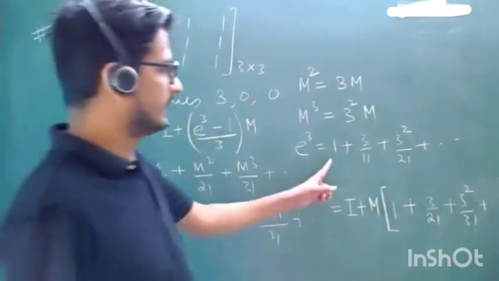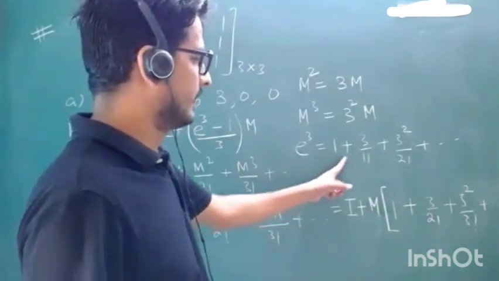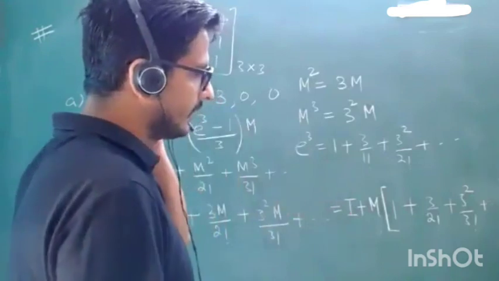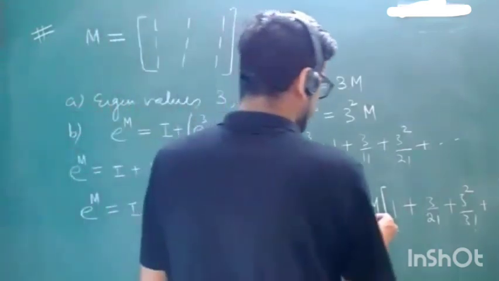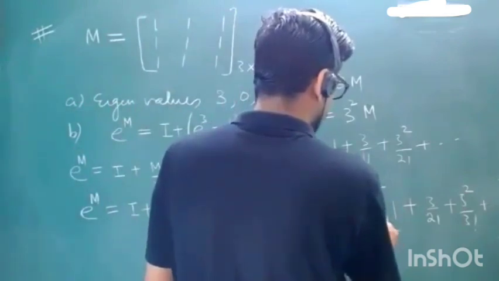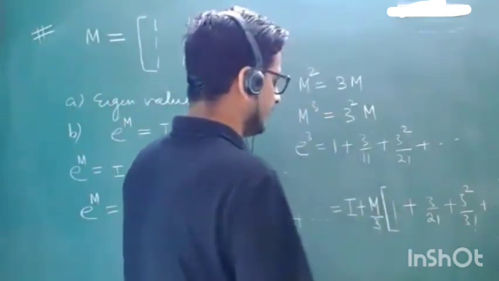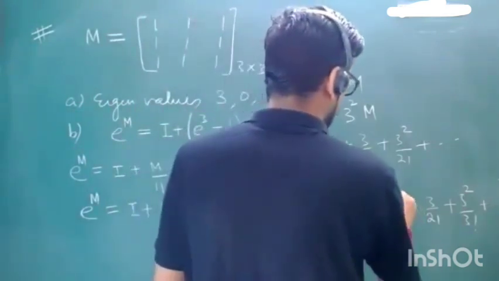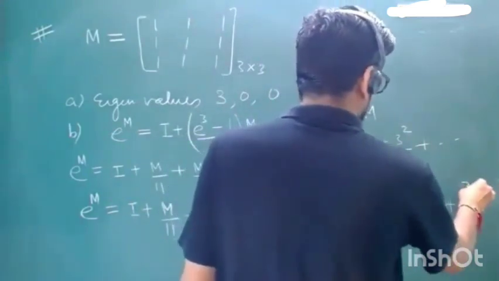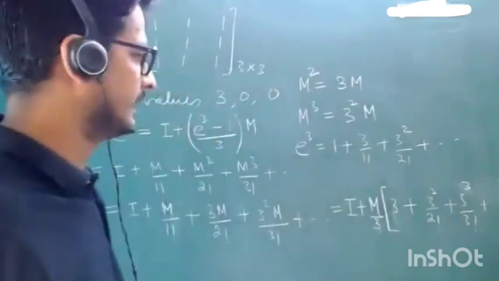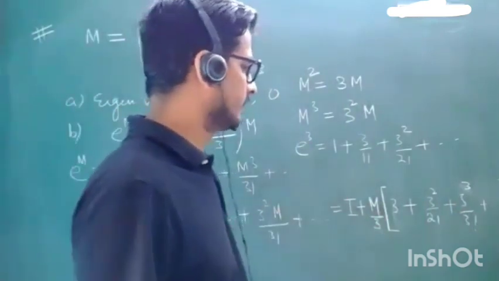So you want all these terms, 1 plus 3 upon 1 factorial, like that. Okay. So what I will do, I will just divide it by 3 and multiply it by 3. So I will get 3 here, then 3 square, then 3 cube, like that. But I want 1 also.